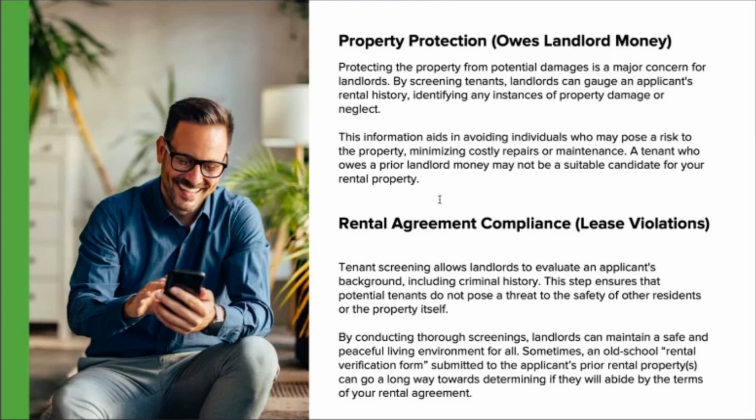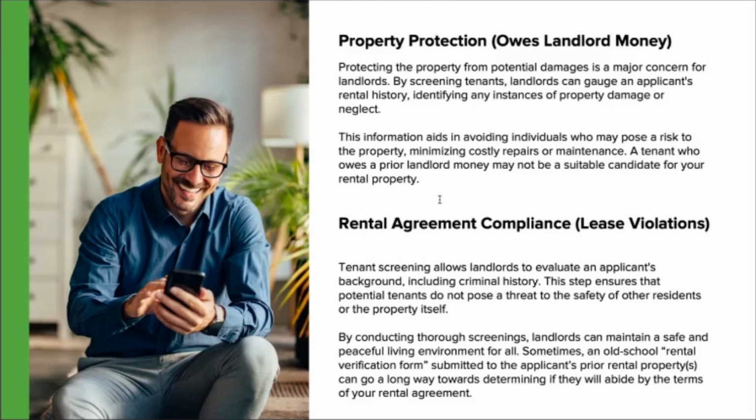So, something to keep in mind is property protection as a part of your rental screenings. And it's not necessarily something that shows up on the rental screening that says, hey, this tenant owes $375 because they broke something on the door at this other property and they had to replace the entire door and casing of the door because they kicked it down or whatever because of a domestic dispute.